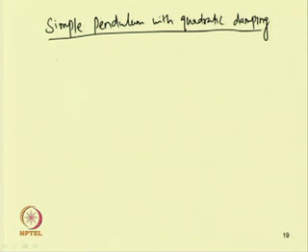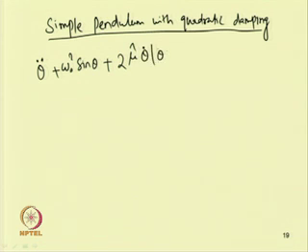We can write the equation of motion in this form: theta double dot plus omega 0 square sin theta plus, for the quadratic damping, 2 mu theta dot mod theta dot, or epsilon mu theta dot into mod theta dot. This is the quadratic damping term we have taken.